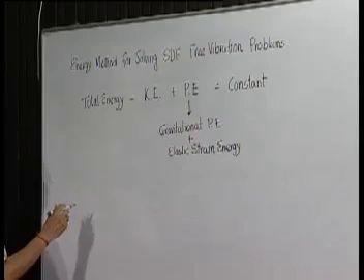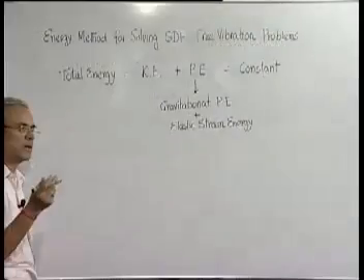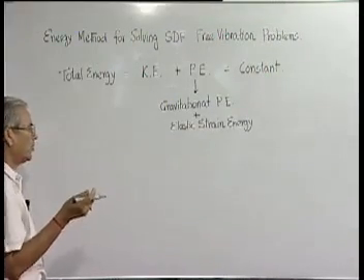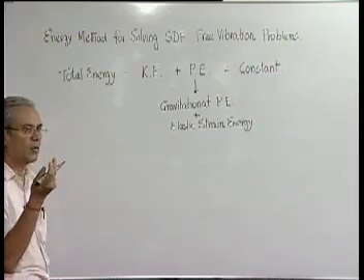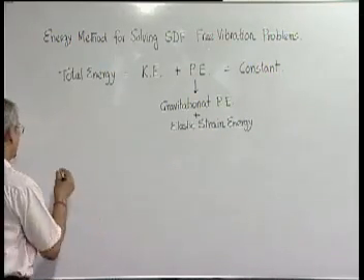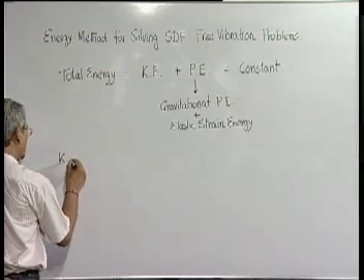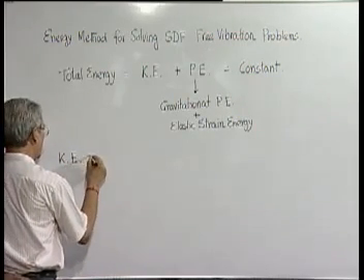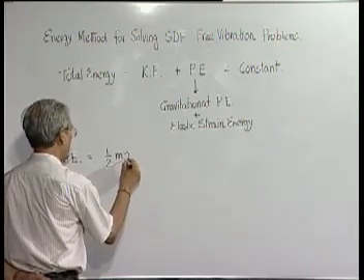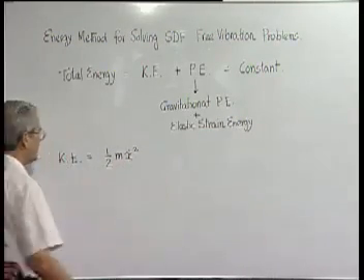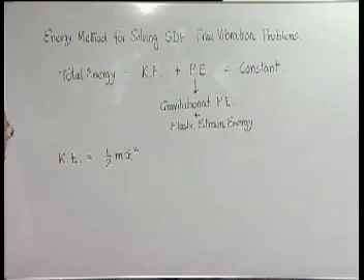So we know that for a simple single degree freedom system where the motion of the body is represented by one coordinate, the x, kinetic energy of such a body will be written as half m x dot square, where x dot is the speed.